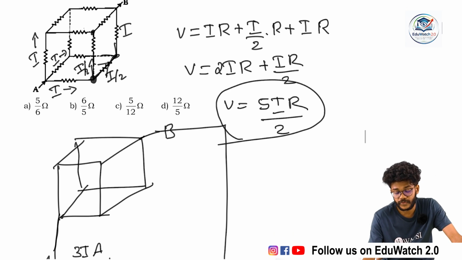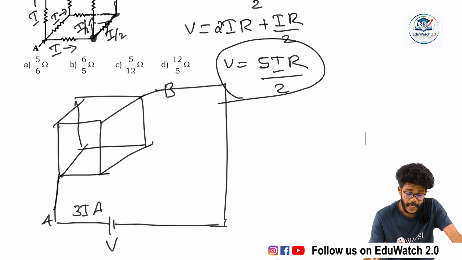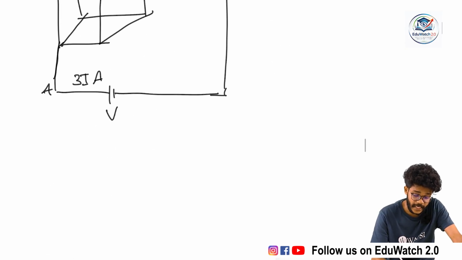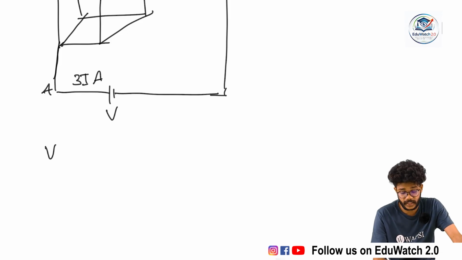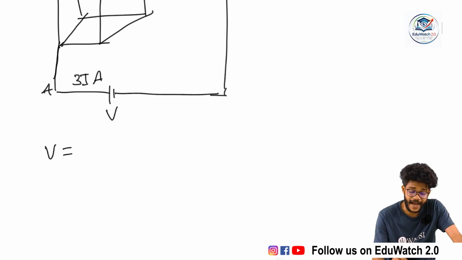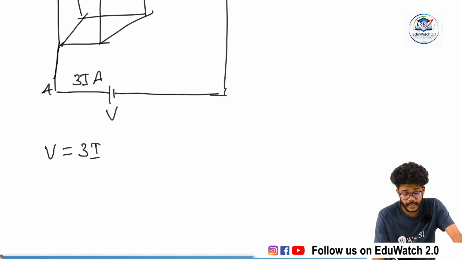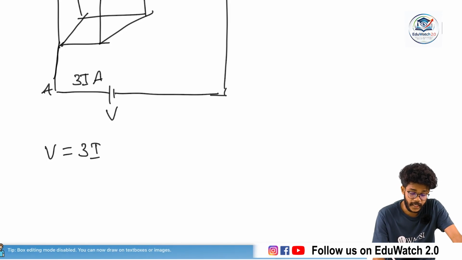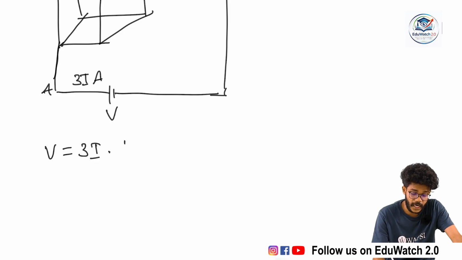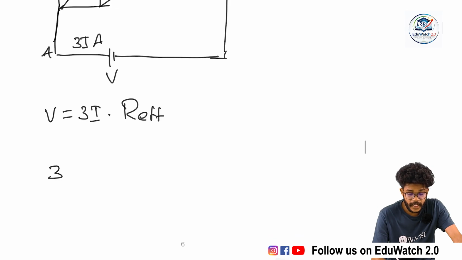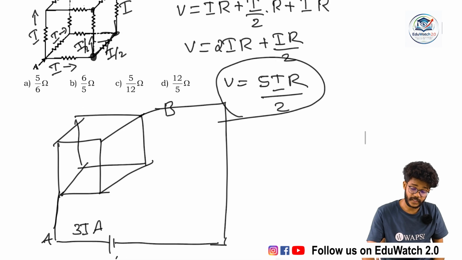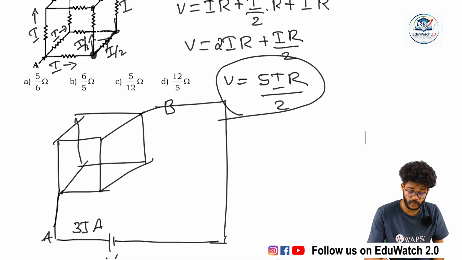V is equal to 5IR by 2, and I can say that the effective voltage V is equal to IR, but what is the current in here? 3I. The current in here is 3I, and the effective resistance is R effective. So 3I times R effective should equal 5IR by 2.